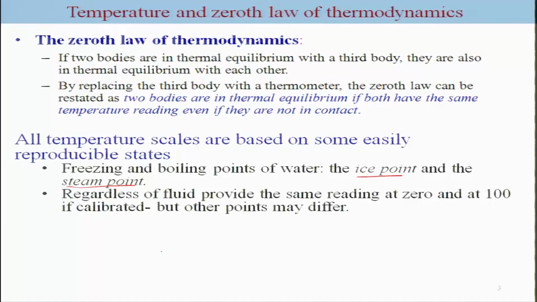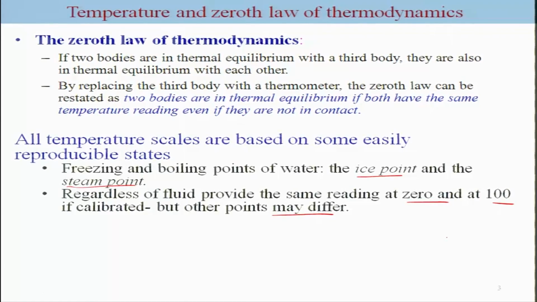The point is that you can consider any particular fluid and scale it in such a way that you get 0 degree and 100 degree, but even if you calibrate only 0 and 100, the other points between may differ. The reason being that the thermal expansivity of the fluids varies from each other, and that is why such thermometers are not commonly used.